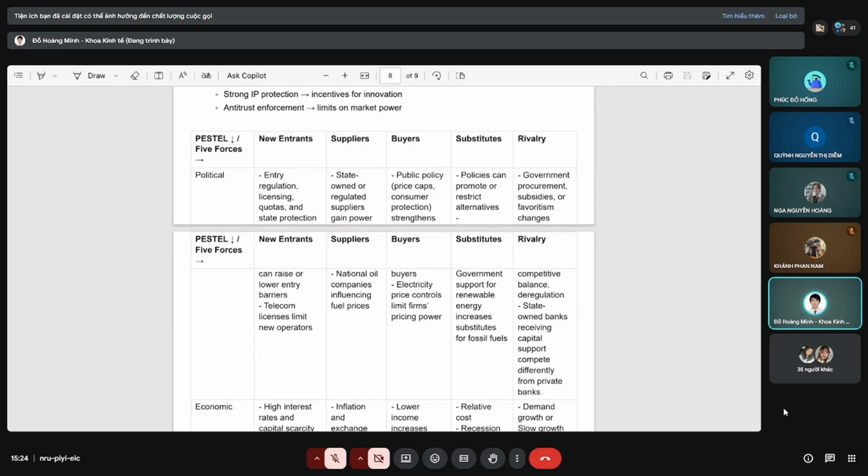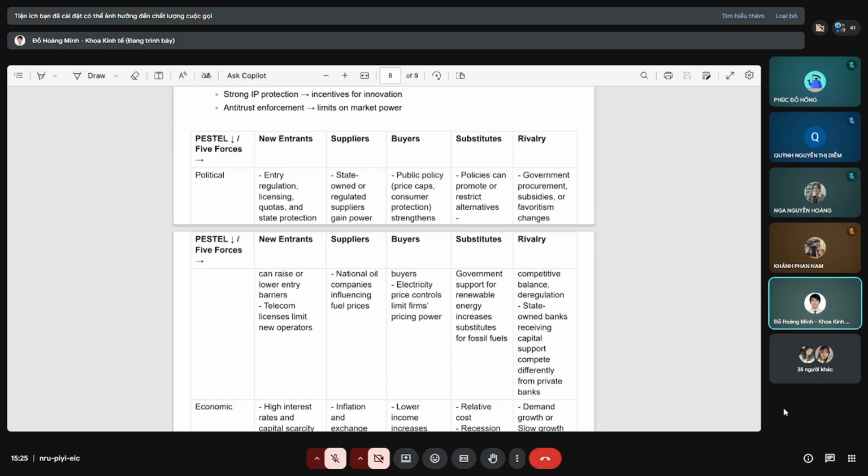Because a nation needs those firms, because those firms produce the weapons or the defense products and then sell to the nation, and the nation will use that for defense purposes. So those firms can be protected by the government. So it can improve the power of the suppliers, the defense suppliers.